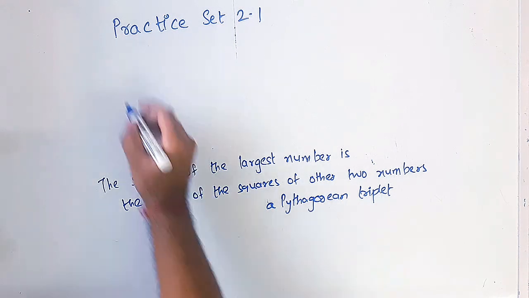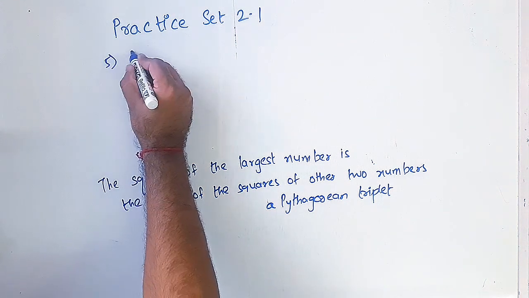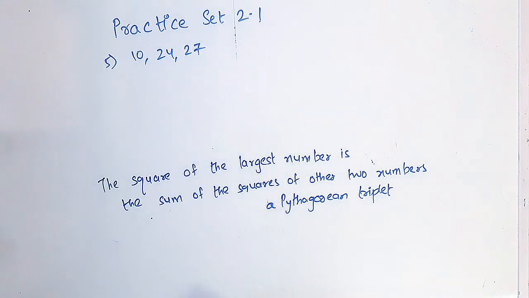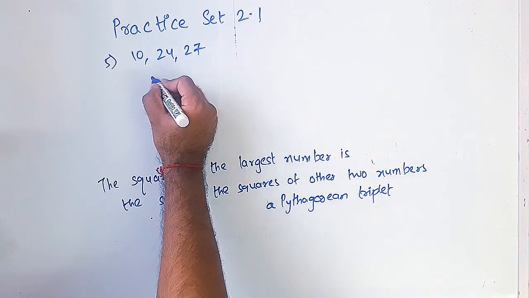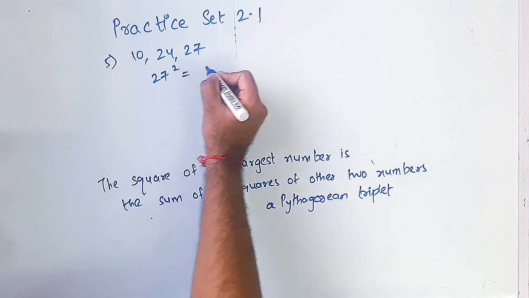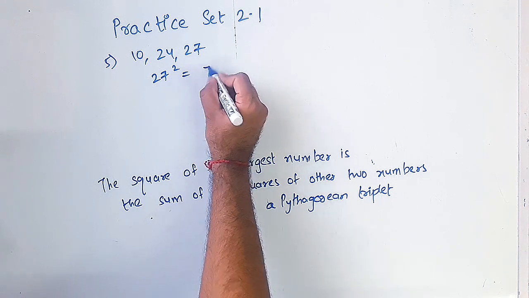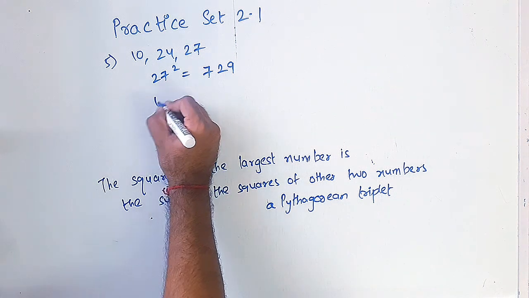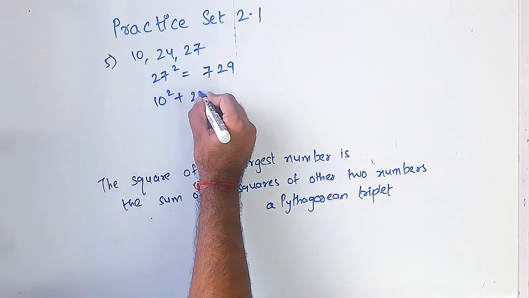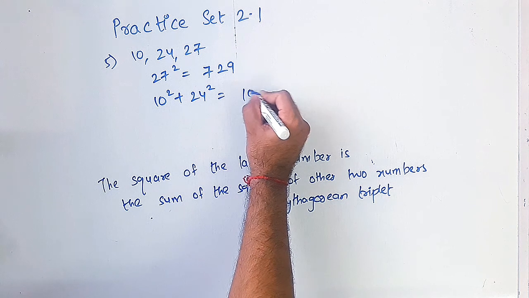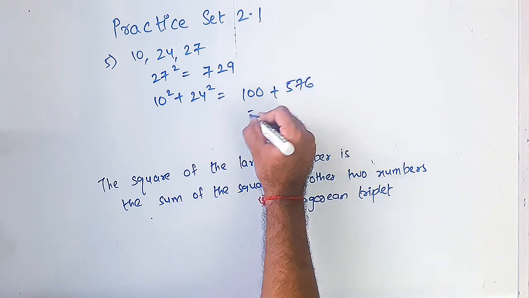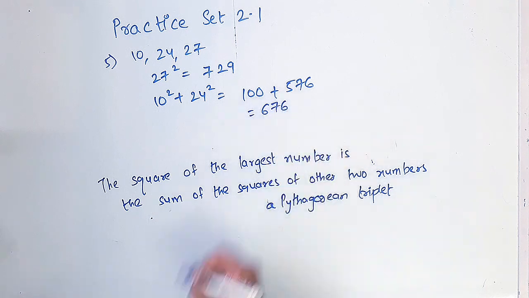Fifth one, the numbers are 10, 24 and 27. Let us do first the longest side square. 27 square is 729. Then 10 square plus 24 square is 100 plus 576, which is equal to 676.